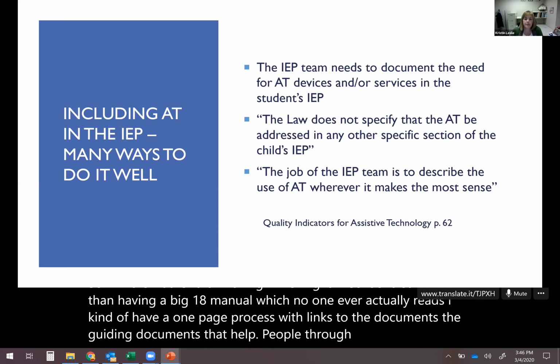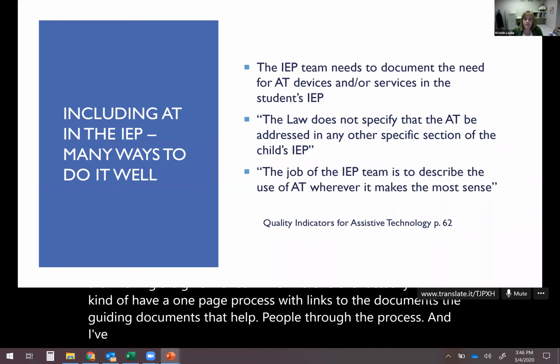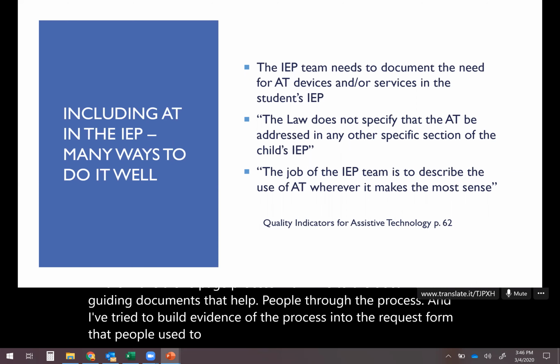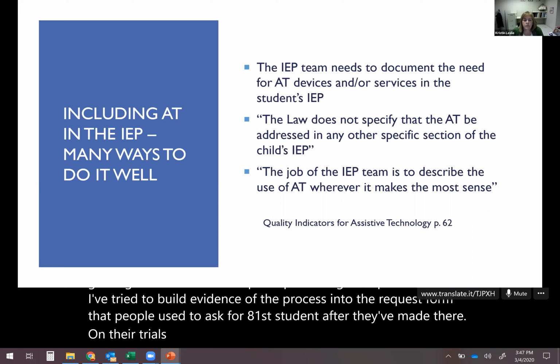And I've tried to build evidence of the process into the request form that people use to ask for AT for a student after they've done their trials. So they have to say who on the team was involved in making the decision.